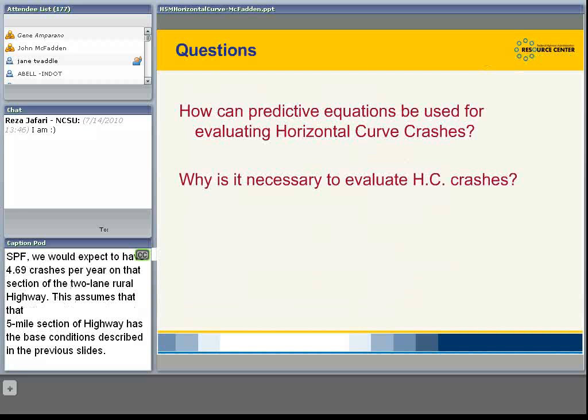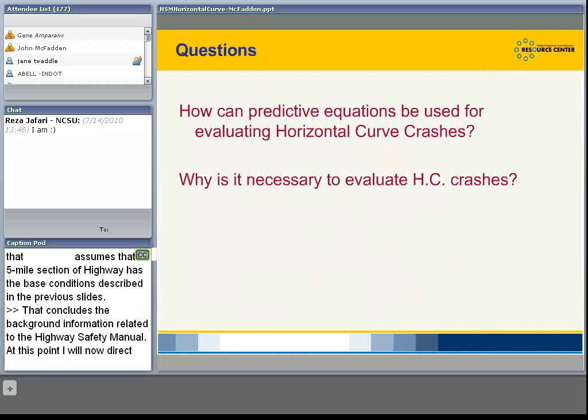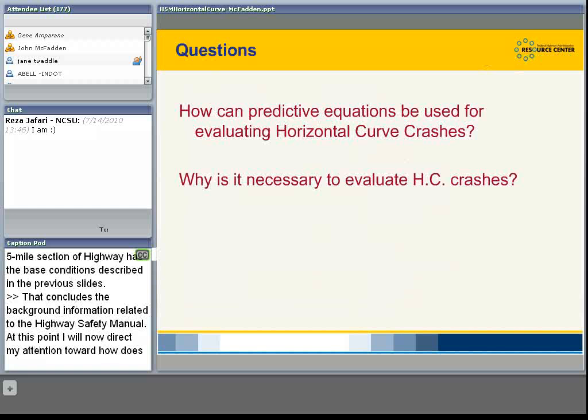This assumes that that 5-mile section of highway has the base conditions described in the previous slides.